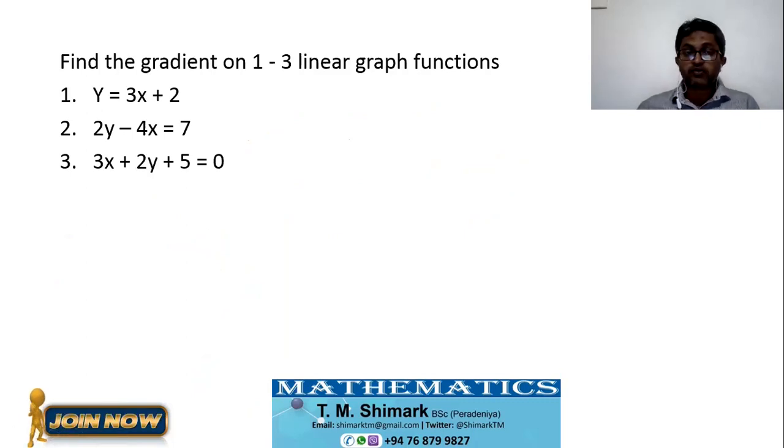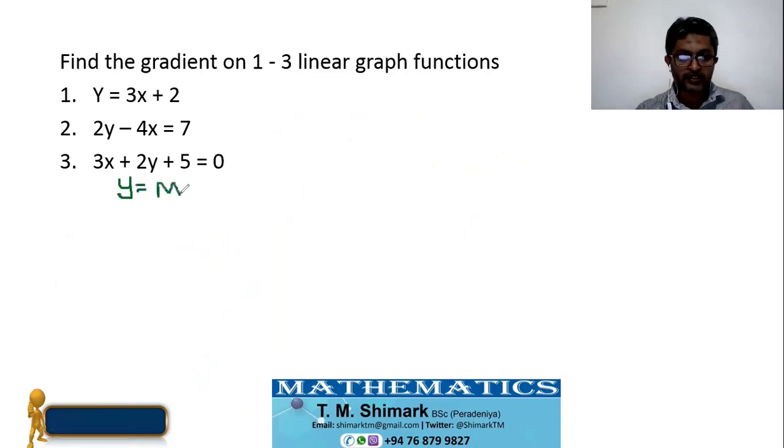Next question is this one. Now this one also we have to do the same thing. We have to bring this equation to the format of y equals mx plus c, which is our target now. You can see this is not y equals, so change that equation. Keep 2y there, equals, and take the others to the other side: plus 3x will become minus 3x, plus 5 will become minus 5.